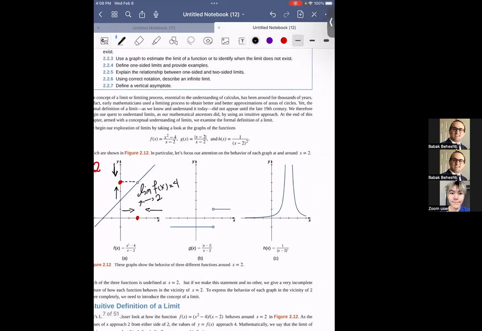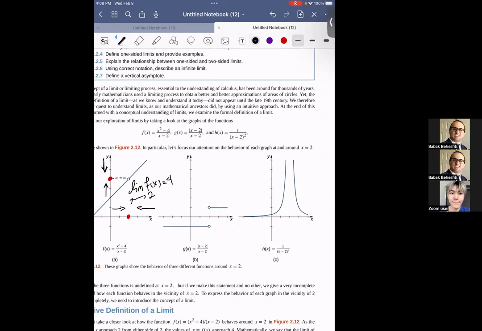However, if you look at the second graph, you see there is a jump. The second graph is g of x equal to the absolute value of x minus 2 over x minus 2.